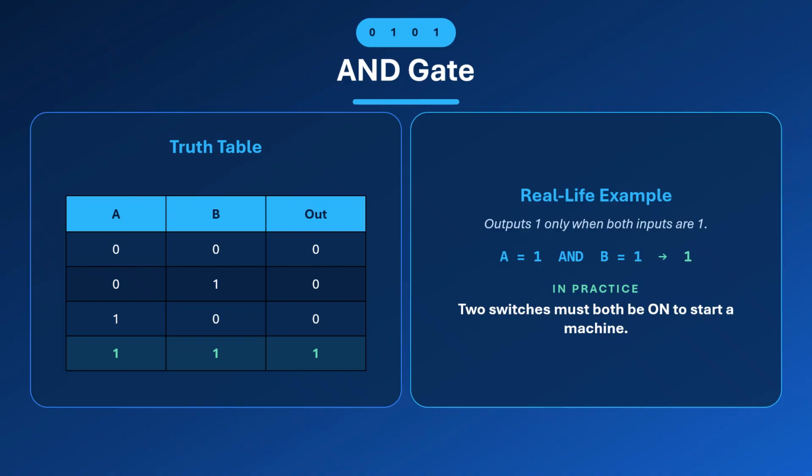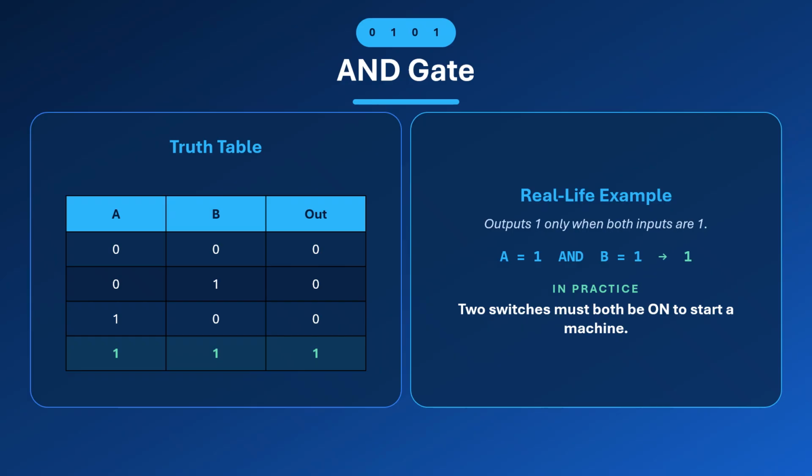Now we will learn what is AND gate. As you know, there are two logic inputs, basically that I have explained here. A and B are two conditions and out is the output.